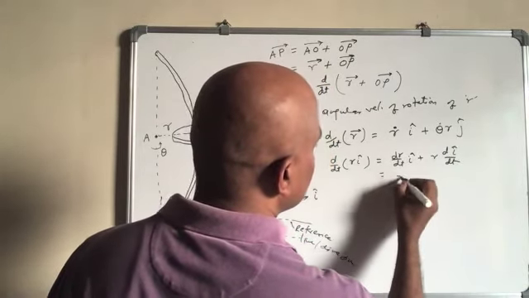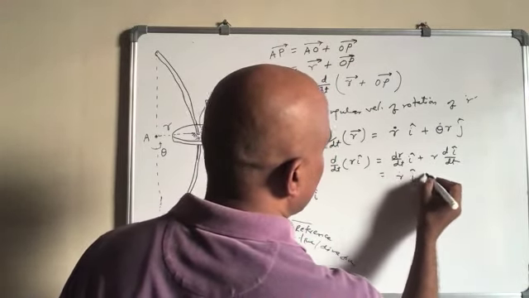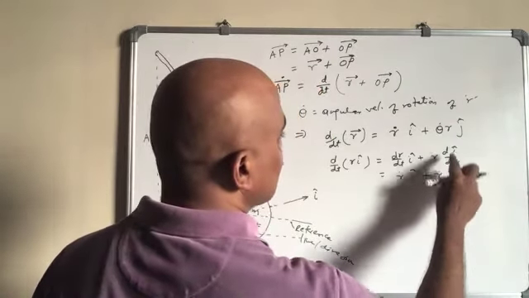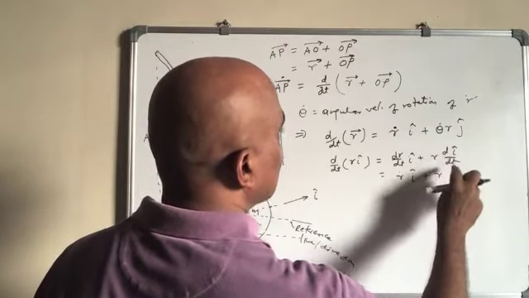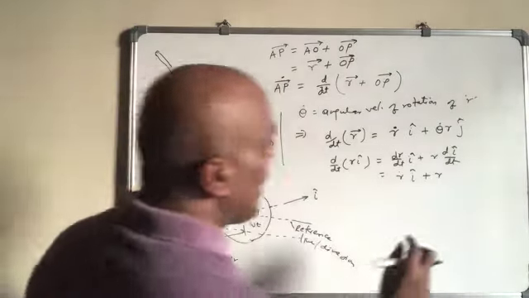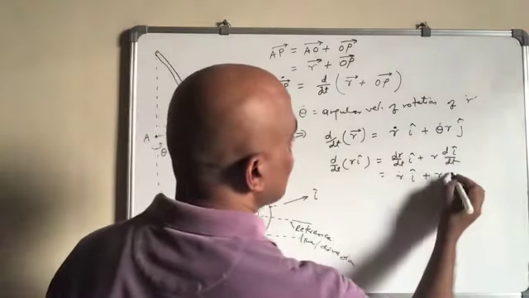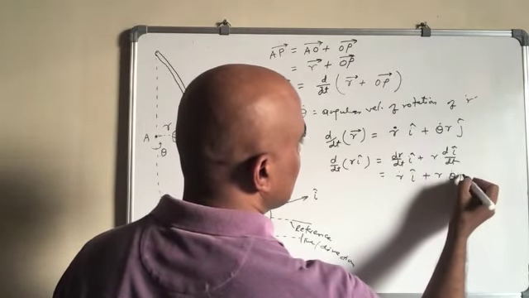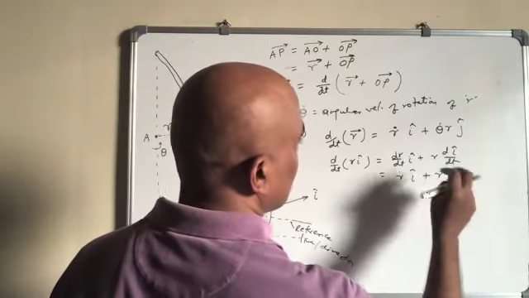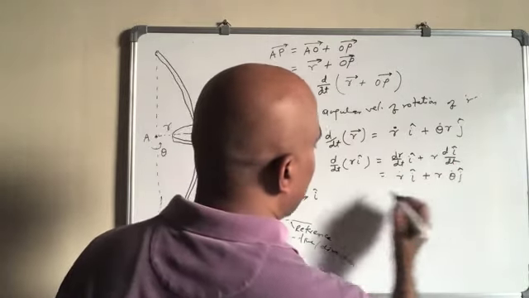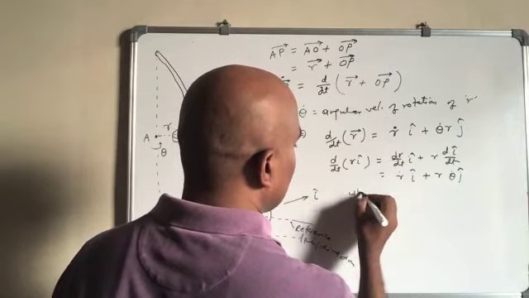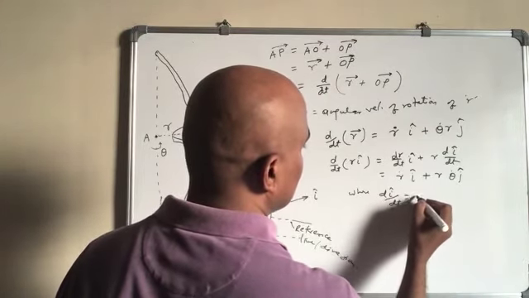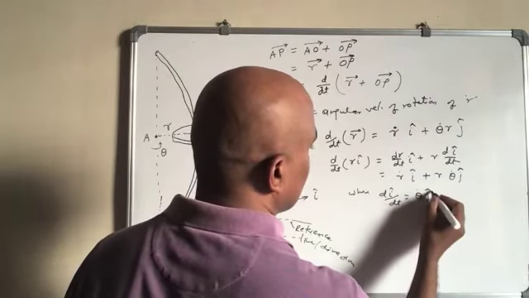Hence this is r dot I, plus r times di over dt, where di over dt equals theta dot j.